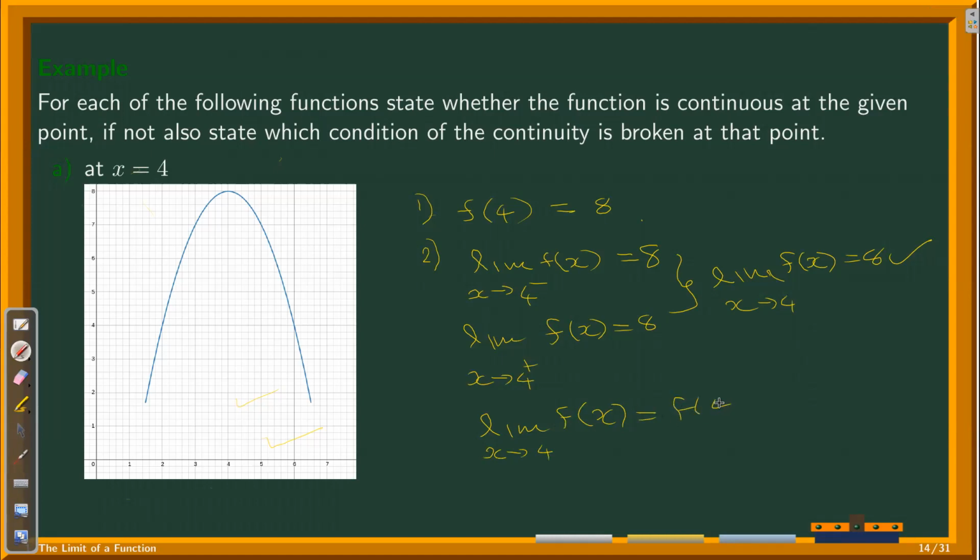Because both of them are 8. So f is continuous at x equals 4. This is the shortened form for continuous. Okay, so it asks to check for the continuity at 4. This one we already did, no?